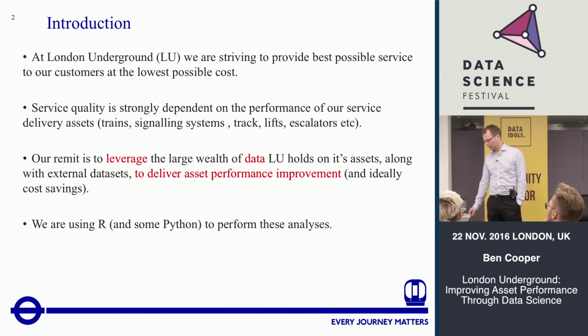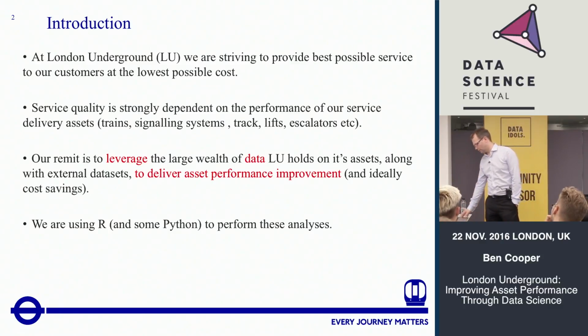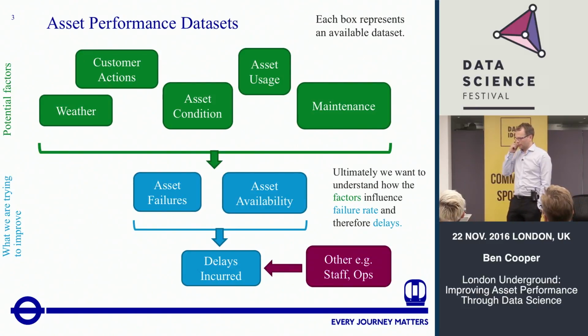We joined London Underground about a year ago, and our remit is to leverage the large wealth of data that London Underground holds on its assets, along with external data sets where possible, to deliver asset performance improvement and ideally cost savings.